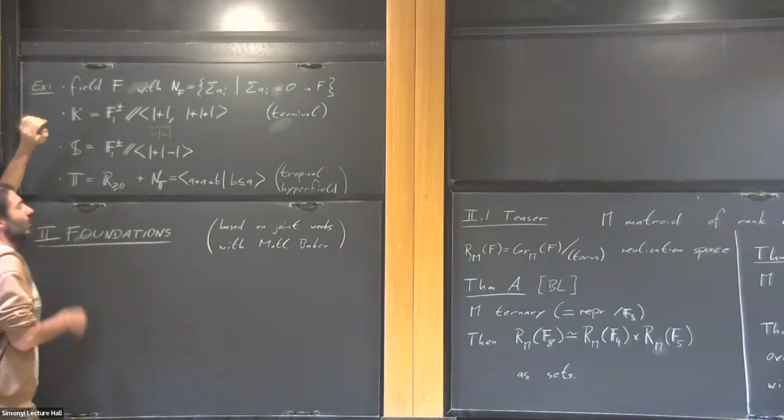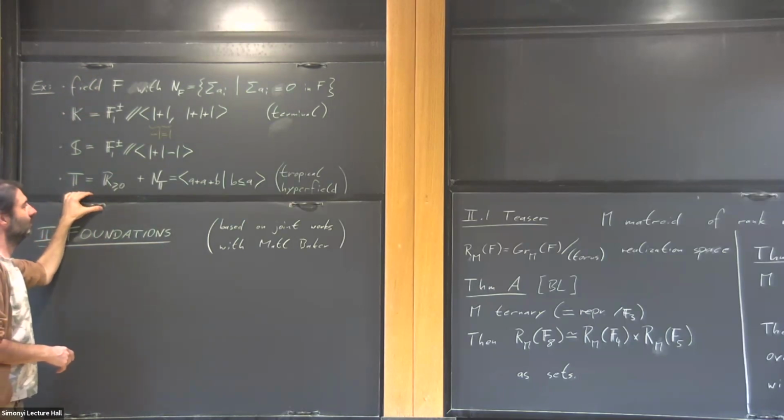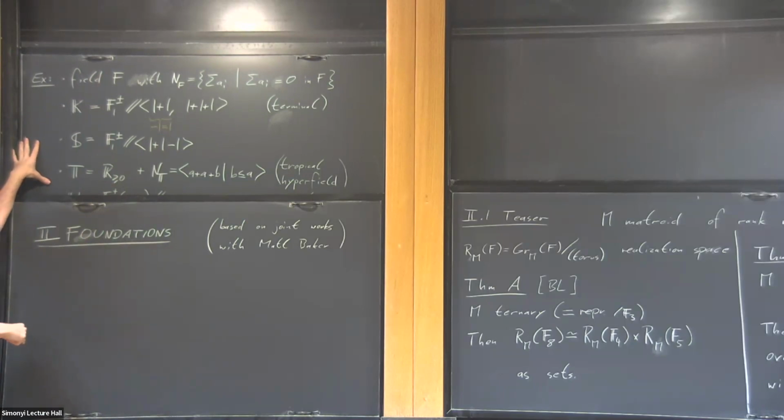Here's something that I will not use in this talk, but since it's a very important object, the tropical hyperfield. I use a Berkovich notation of using non-negative reals, so it's a multiplicative monoid.